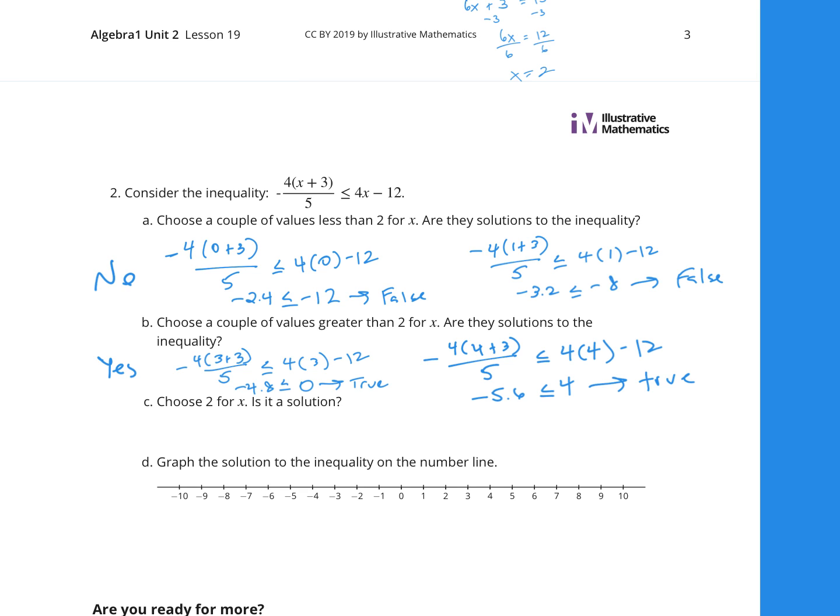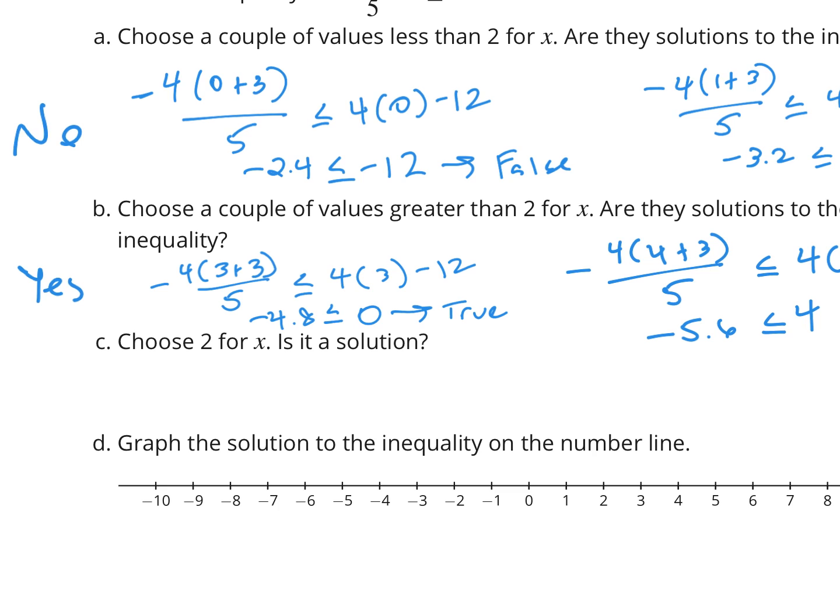For the next question, it says, choose 2, and is that a possible solution? So now I'm going to plug 2 in. So negative 4 times 2 plus 3 over 5, less than or equal to 4 times 2 minus 12. 2 plus 3 is 5. Negative 4 times 5 is negative 20.